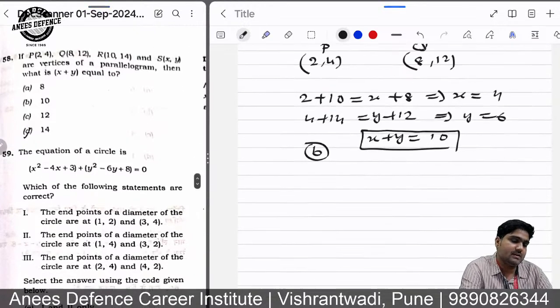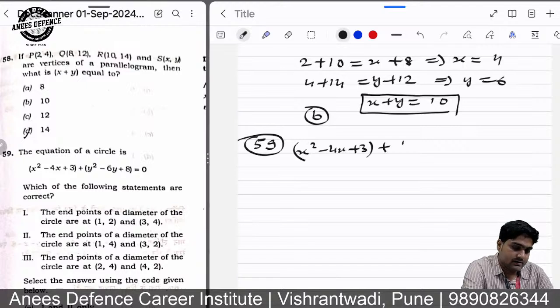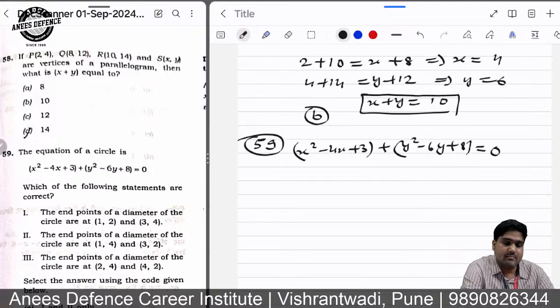Next, question 59. Equation of circle is given: x² − 4x + 3 + y² − 6y + 8 = 0. We need to find the endpoints of the diameter. So first convert this expression into diametric form.